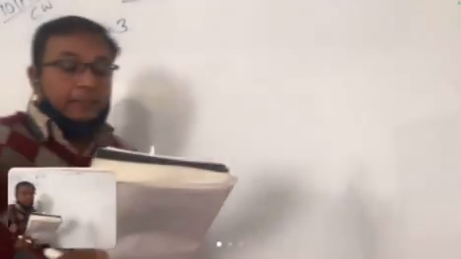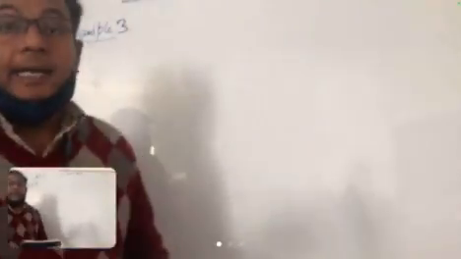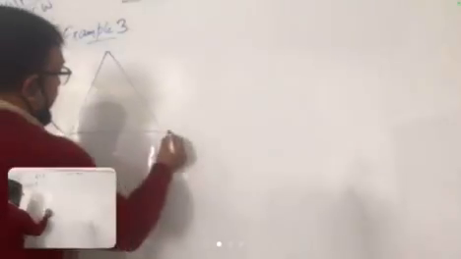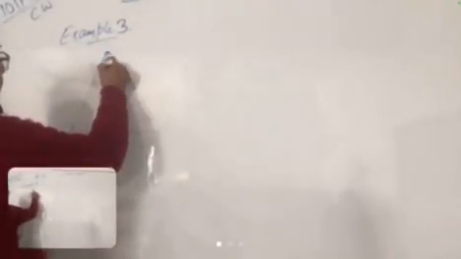Now see example number 3, please. Prove that the bisector of a vertical angle of an isosceles triangle bisects the base at right angle. Now see, this is a figure, and here it is a bisector.